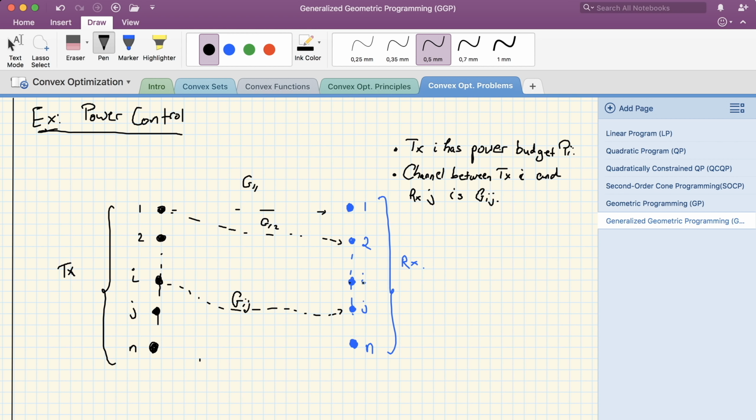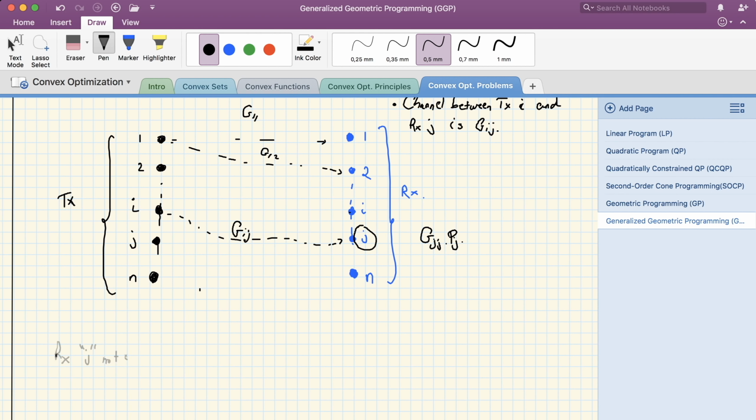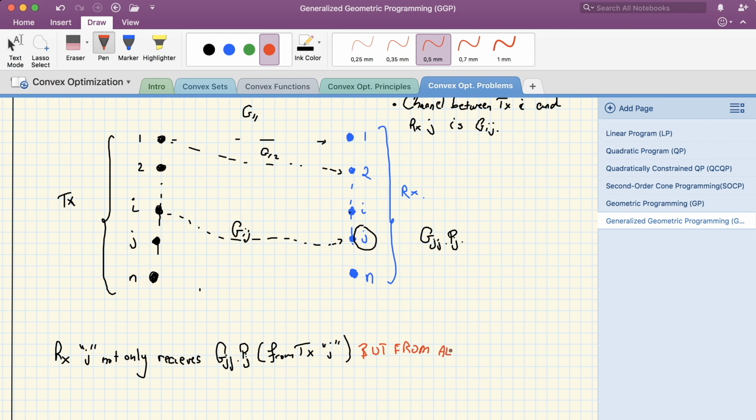So if I focus at receiver j, in an ideal world, j should receive Gjj times Pj. This is the power received from transmitter j at receiver j. But this is not the case. Receiver j not only receives Gjj times Pj, this is from Txj, but from all other Tx's.